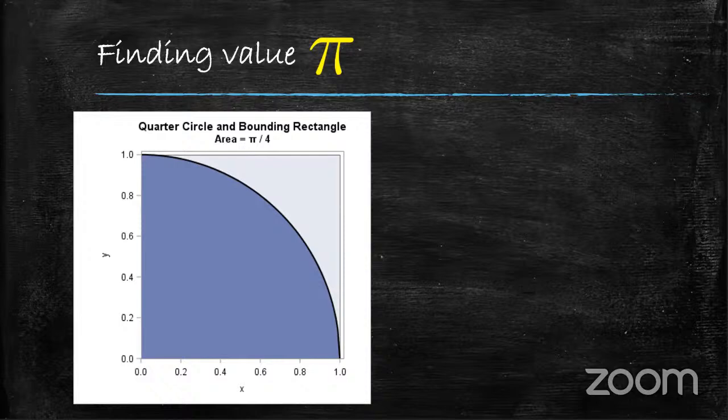Now look here. The number of balls landing inside the circle is equivalent to the area of the circle. So if you know this, then we can go ahead. Now look at this idea.